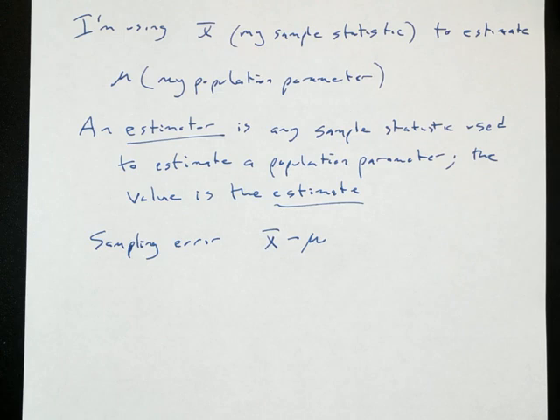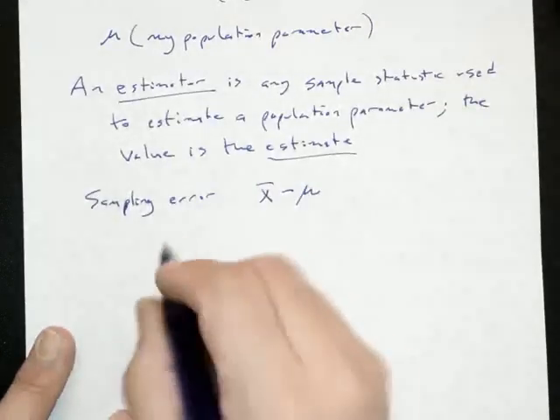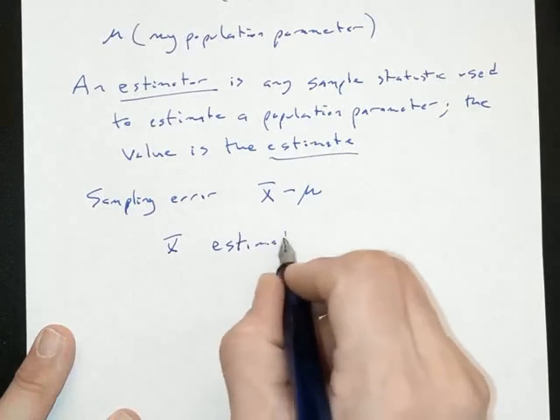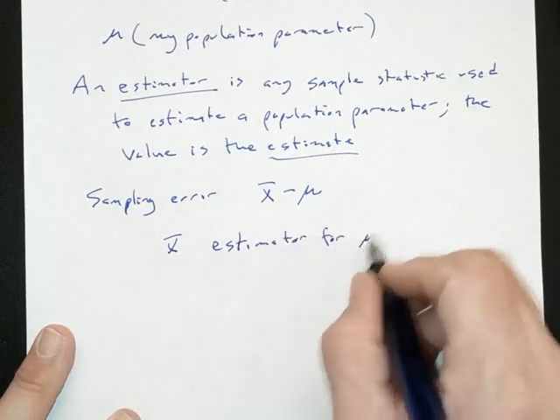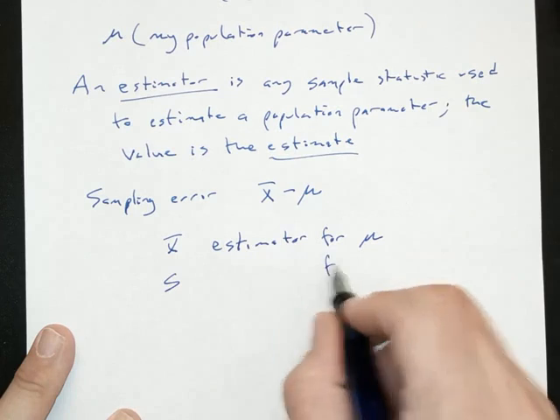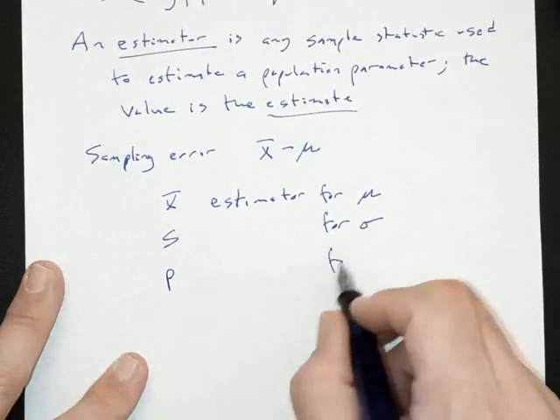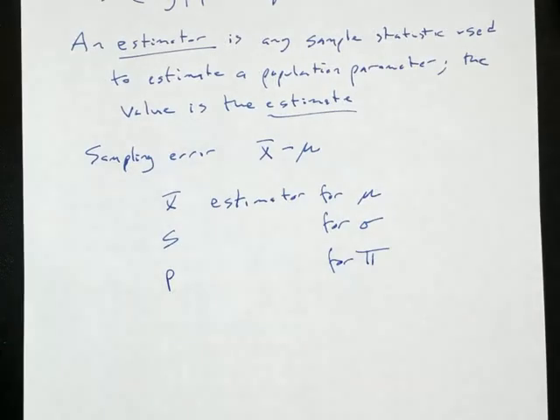P to estimate pi. This one came up in our binomial, right? The top number of chance of our success versus our failure.